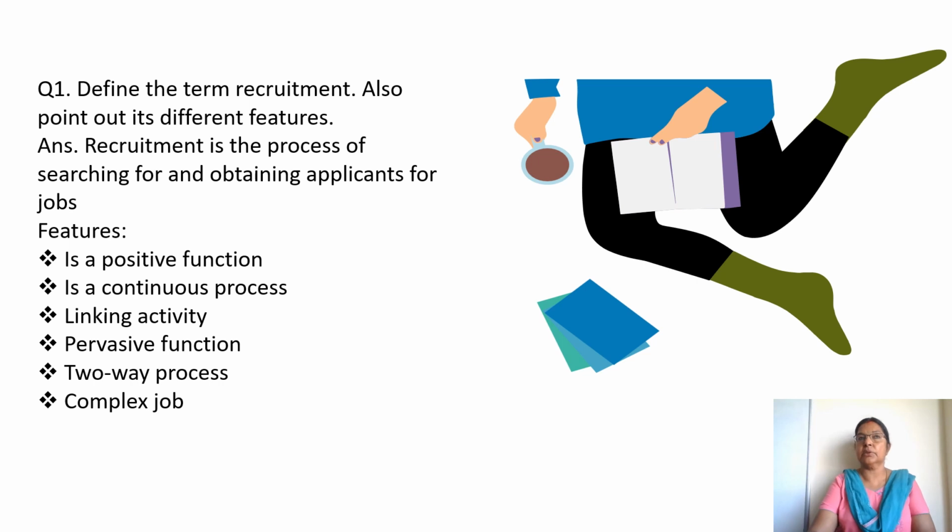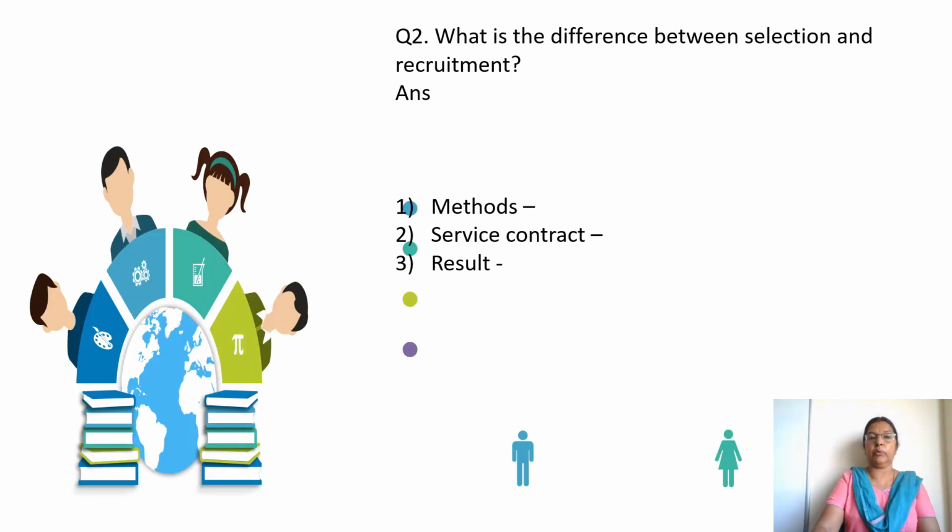Nowadays digital media is most preferred because it is the most cost effective and most pervasive media, because the internet is accessed by the maximum number of people today. So it is a complex process. These are all the features of the recruitment process.